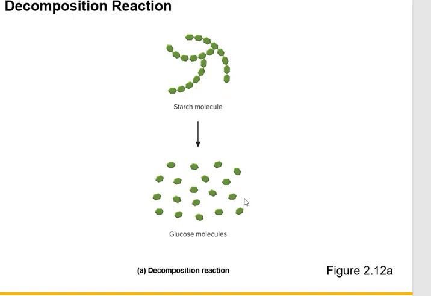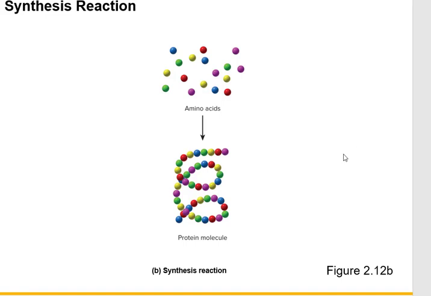So here's one of the more common decomposition reactions that happens every time you eat anything that is high in carbs. In one of our upcoming chapters, we're going to spend some time talking about how you can take the different amino acids and you can pop them together by making them share electrons, and you can end up with a protein. So we're going to learn that you can synthesize proteins from amino acids.